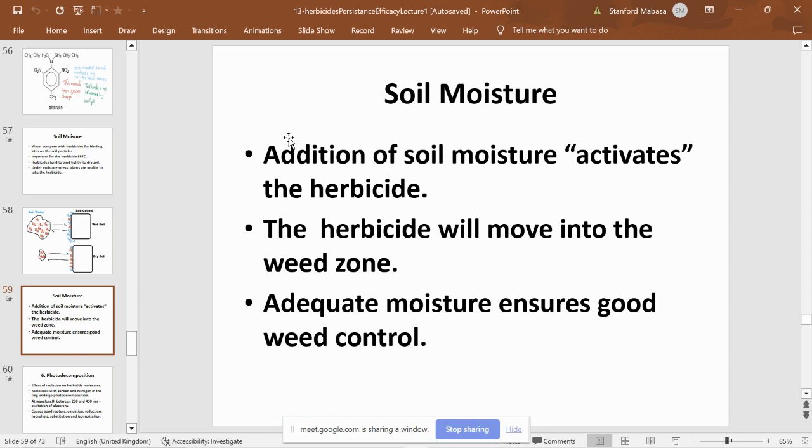So addition of soil moisture may activate the herbicide. When we say activate the herbicide, we mean that the herbicide will be reached or it will move to the weed zone. This is what we want so that it can kill the weeds. So adequate moisture ensures good weed control. Dry conditions will lead to poor weed control.